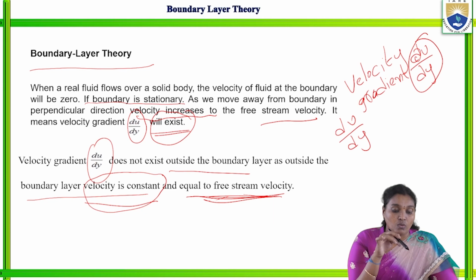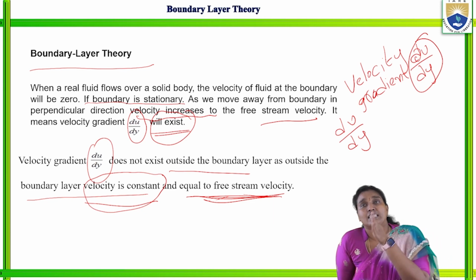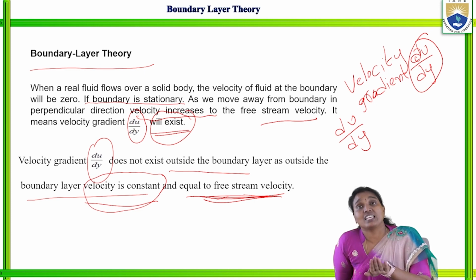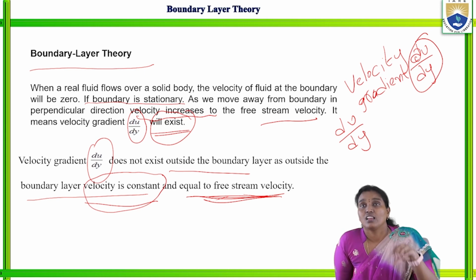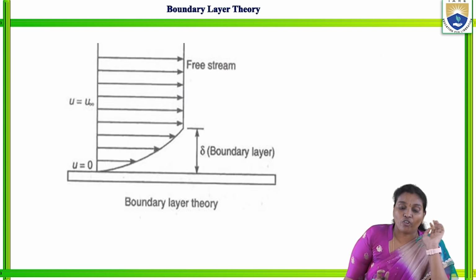So this is the variation: if the velocity gradient does not exist, this is the condition, and otherwise the velocity gradient will exist in the boundary layer.